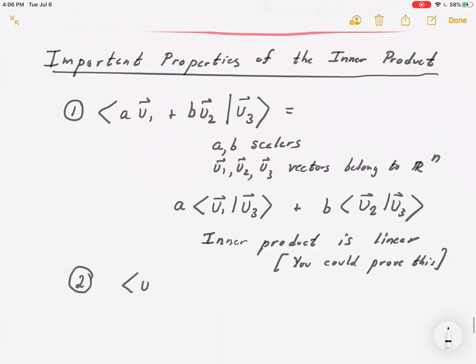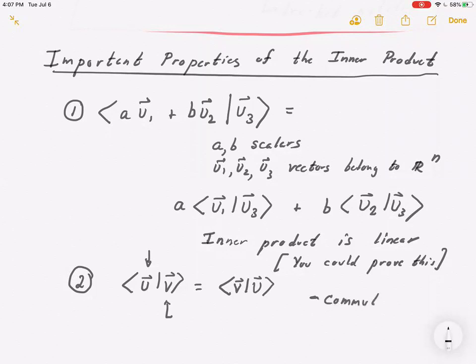Second thing about an inner product is that here u is the bra vector and v is the ket vector. Well, it doesn't matter. You could make v the bra vector and u the ket vector, and you'll get the same answer.